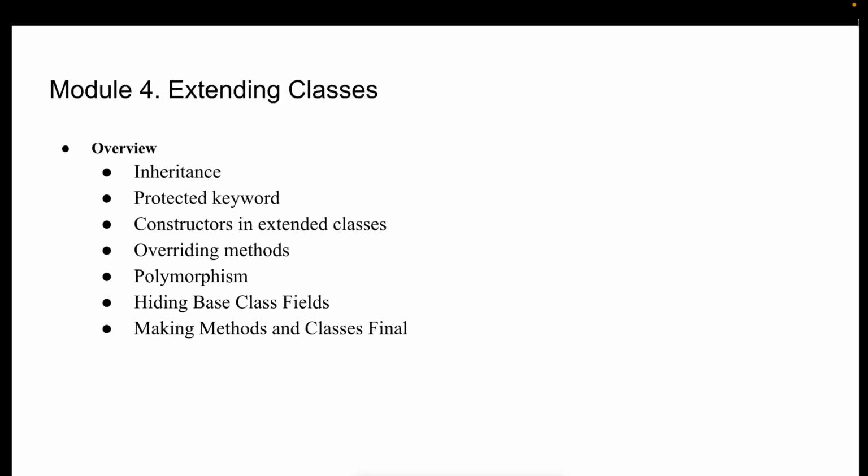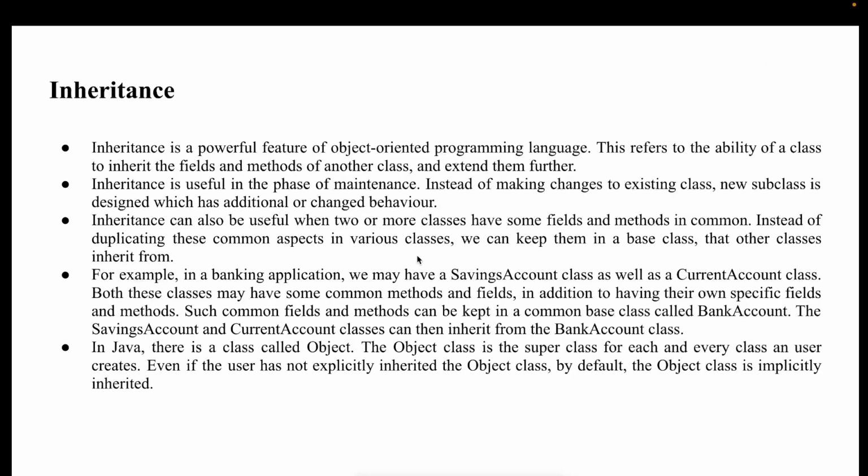As of now you just saw the at-the-rate Override, right? And someone asked that question. So we will use overriding methods in different classes as well. Then there is an object oriented principle called polymorphism, we'll see that as well. And then there is hiding base class fields and making methods and classes final. So we'll go through each of these topics one by one.